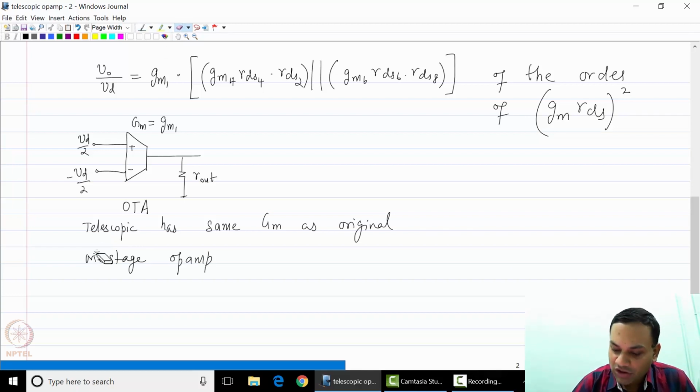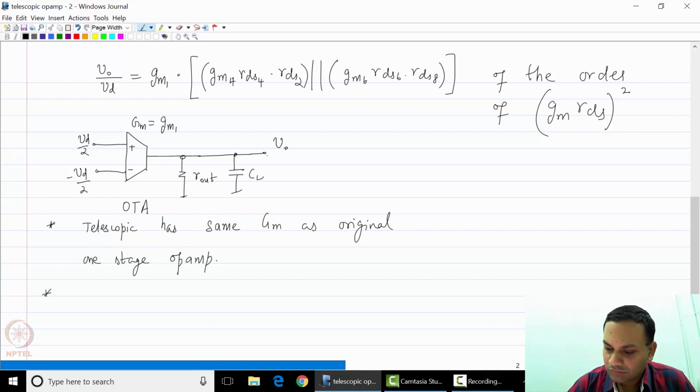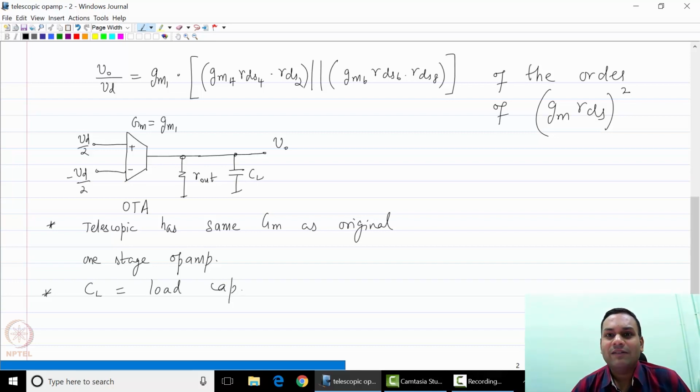It is the same as the original one-stage op amp. So that is something very important. The other thing to note is that if you were to drive some load capacitor CL, you will now have a pole at the output node.